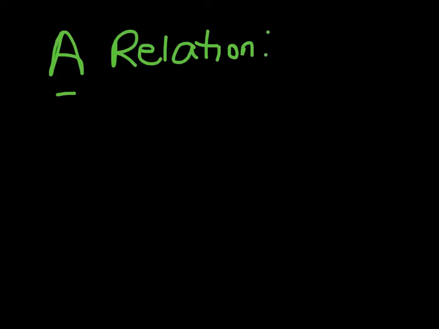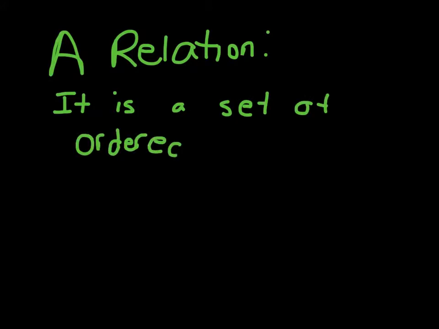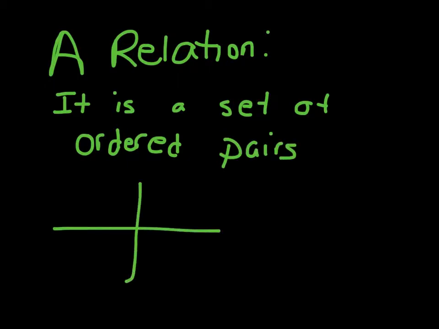So let's write out a formal definition. A relation is a set of ordered pairs. So what I mean by that is, let's say we have this graph. We have multiple points here, here, here, and here.